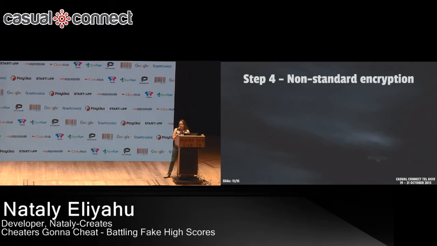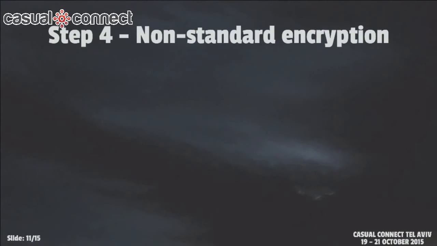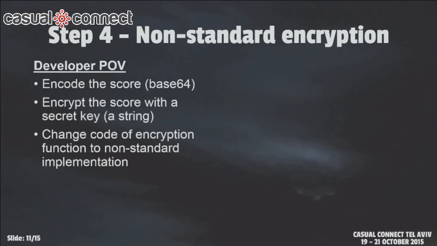So at this point, if you really want to frustrate the hacker, you might use a non-standard encryption. You might take the code for AES or another encryption algorithm that you're using, and you go in there and you change some numbers, and it's still the same.